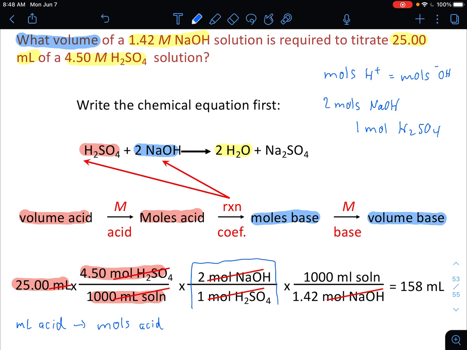Then in the second conversion, that's where we're communicating with the balanced equation, which says for every mole of H2SO4, I require 2 moles of sodium hydroxide. So milliliters acid to moles base. And then now we're in moles of base per mole of acid. And then lastly, we get to milliliters of base.